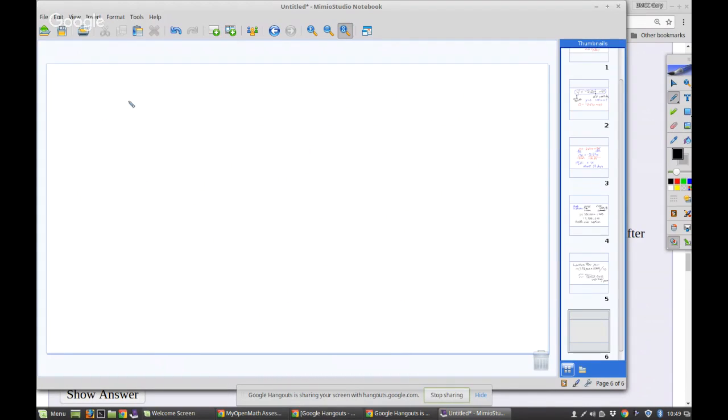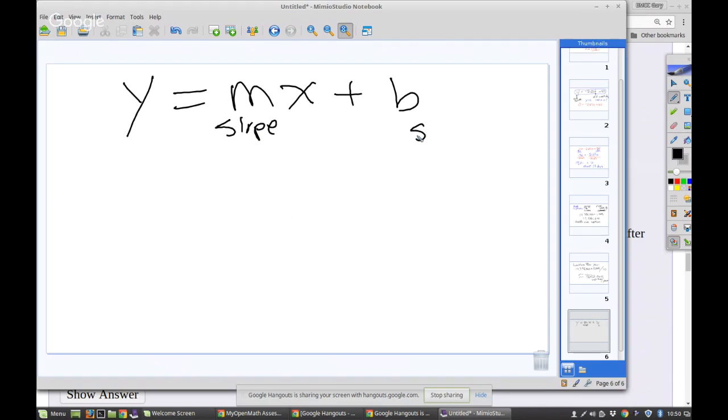New page. We're looking for an equation like Y equals mx plus b. M, remember, is our slope. B is our starting point. Instead of Y, we're using a capital W. And instead of X, we're using a T. What's our slope here?